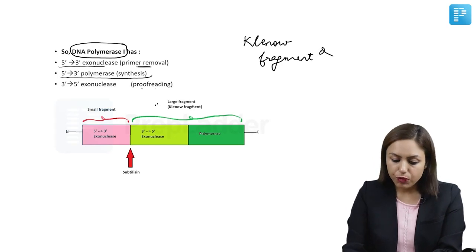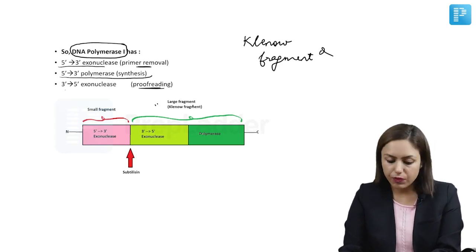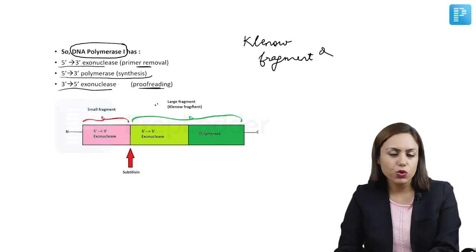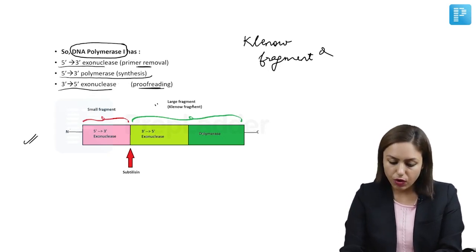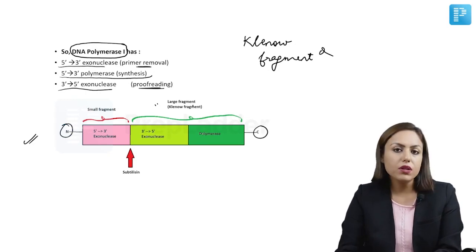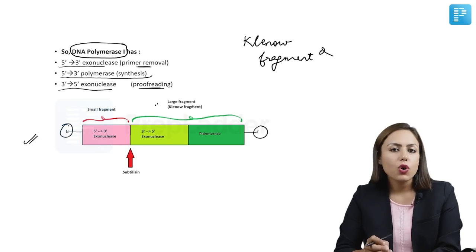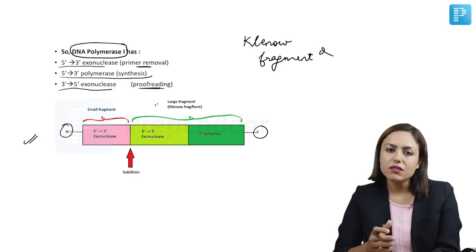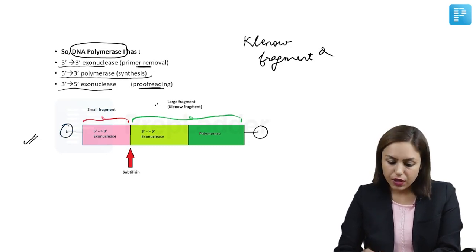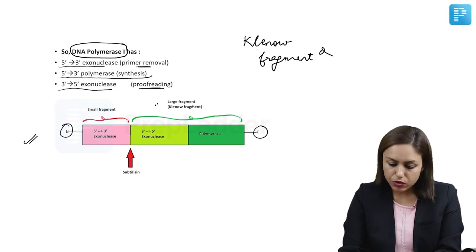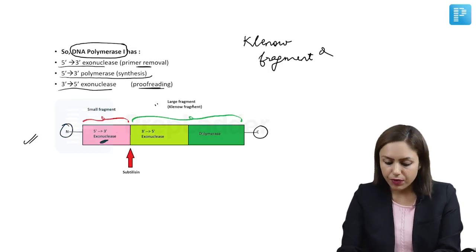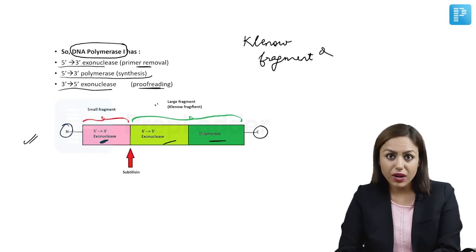Then we have proofreading activity also in this enzyme, which is 3 to 5 exonuclease activity, right? So here this is represented from N-terminal to C-terminal. The sequence of these segments are represented on this diagram in the DNA polymerase, right? So we have 5 to 3 exonuclease activity on N-terminal side and other 2 activities on the carboxy-terminal side, right?